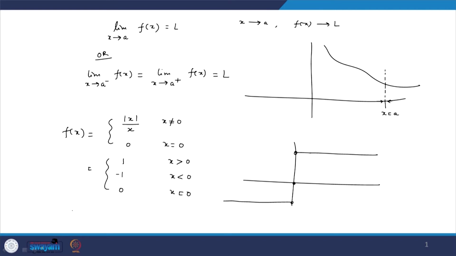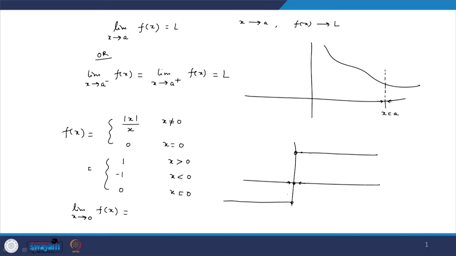Now, suppose you want to find the limit when x tends to 0 of f(x). What is this limit equal to? You can clearly see that when you approach 0 from the left side of this graph, the value of the function tends to minus 1, and when you approach from the right side, the value tends to 1.